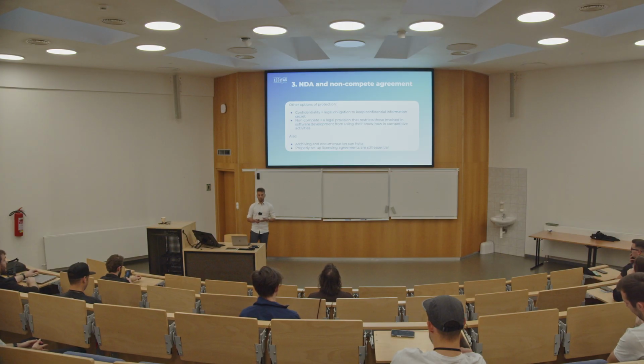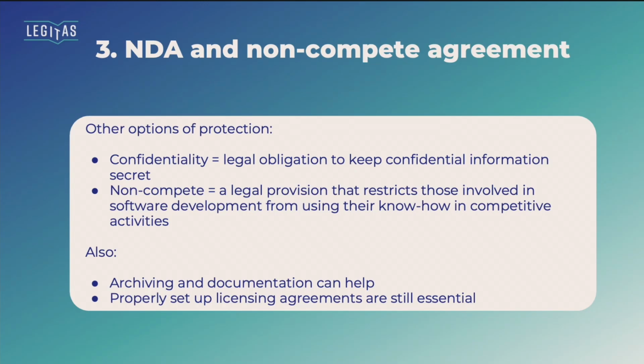Even though there's a possibility that my licensing agreement would be invalidated, there's still a possibility that it could work. So ideally, I would combine all of these together: the licensing agreement, NDA, non-compete. But that's an ideal world, and we're not living in it. So at least I would try to aim in that direction.